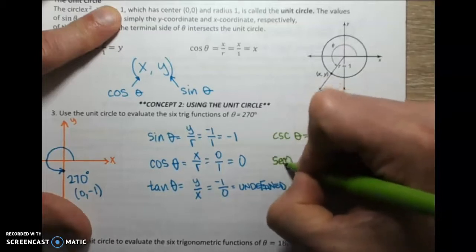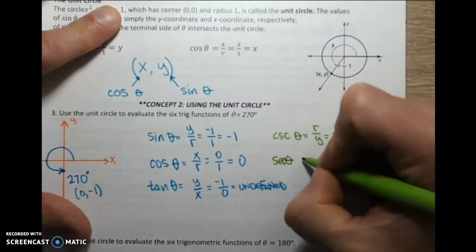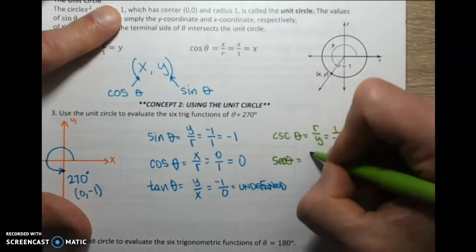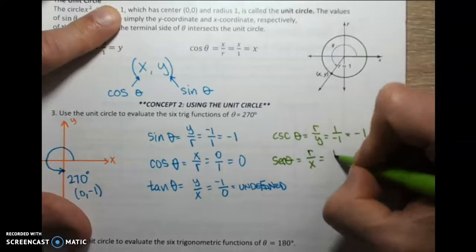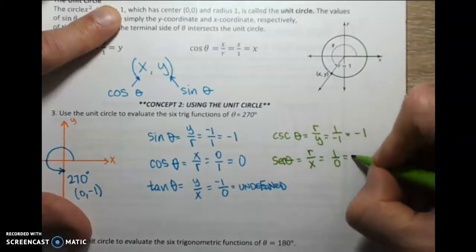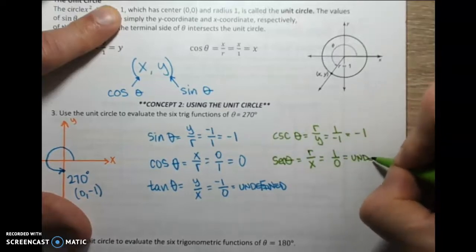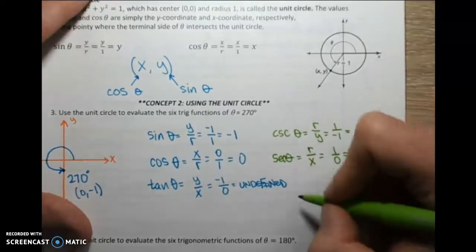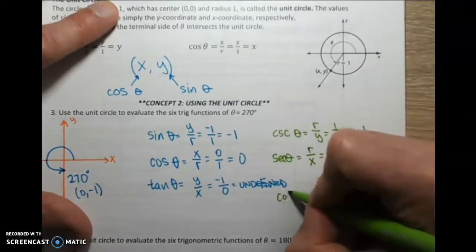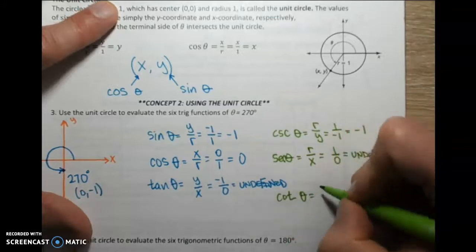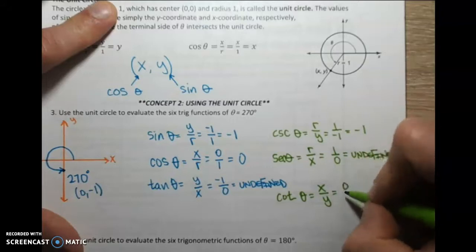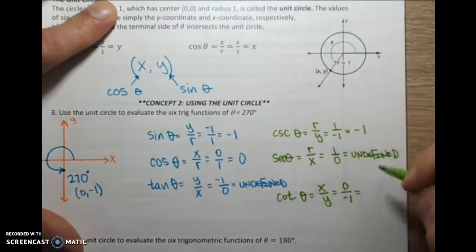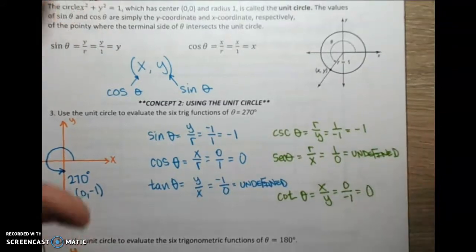Secant theta equals r over x, which is 1 over 0, which is undefined again. Cannot divide by 0. And cotangent theta is x over y, which is 0 over negative 1, and that would just be 0.